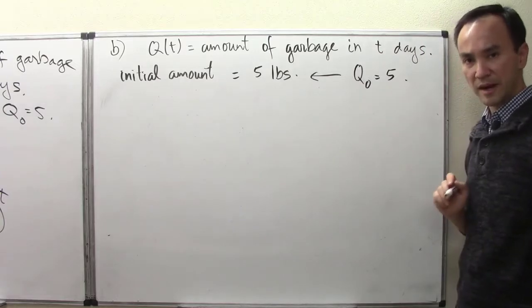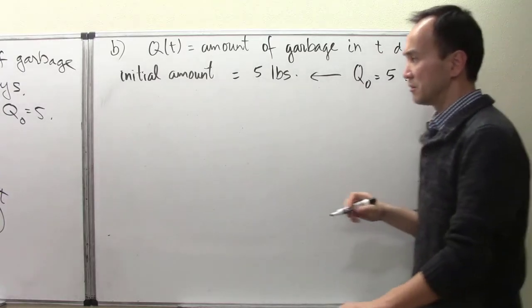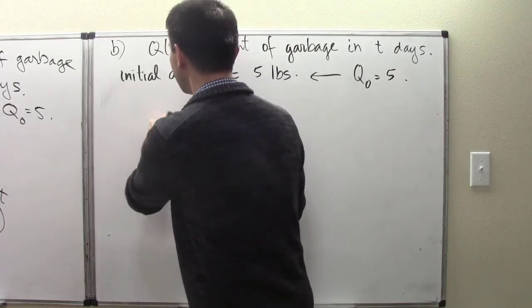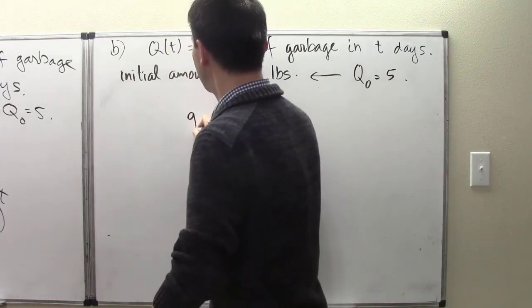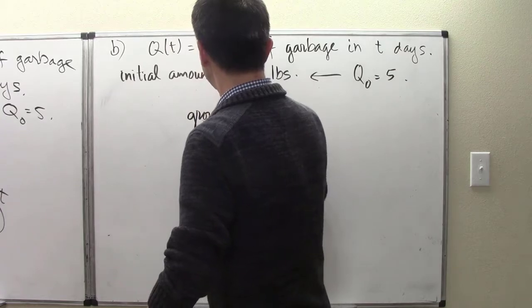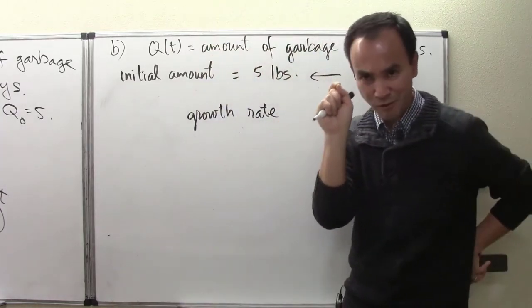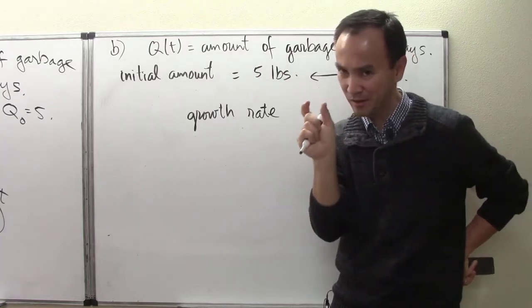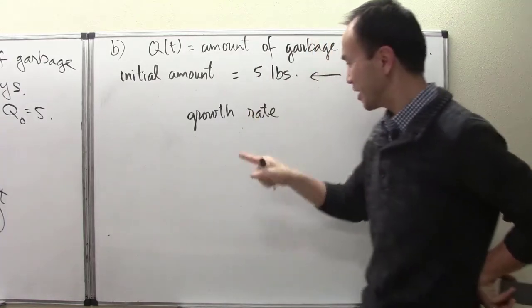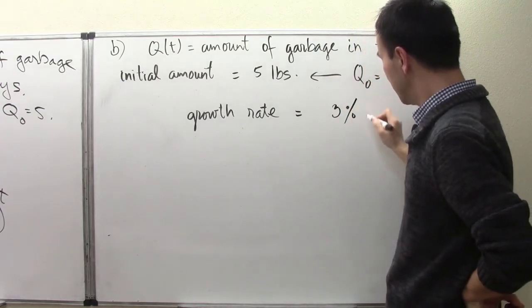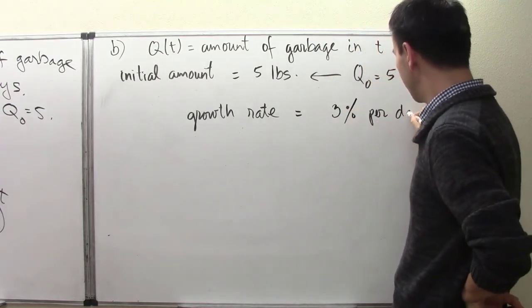That's the initial amount. Okay, and so now we still have a growth rate. I know it's a growth rate because the problem was saying the amount of garbage increases. So it's a growth rate of 3% per day.